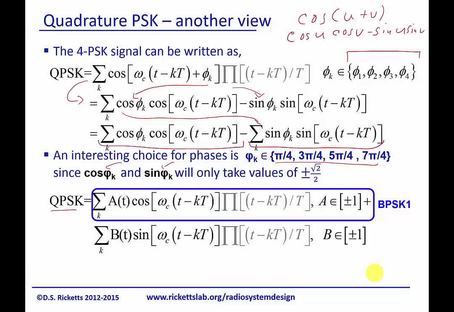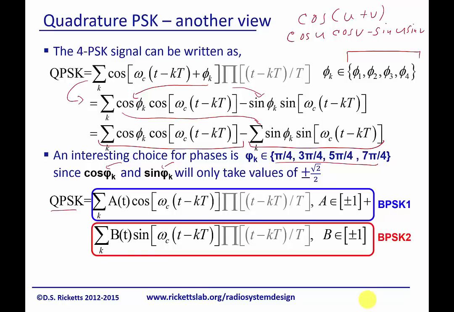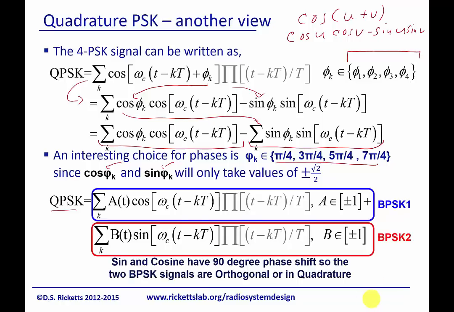And you can see that that's just simply a BPSK signal and a BPSK signal. And the reason we're able to do this is we basically are transmitting two BPSK signals, but they're orthogonal. One's cosine and one's sine, and if you remember from the analog modulation lab, we're able to transmit orthogonal signals without disrupting one another.